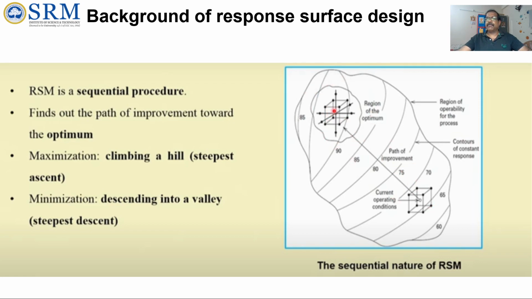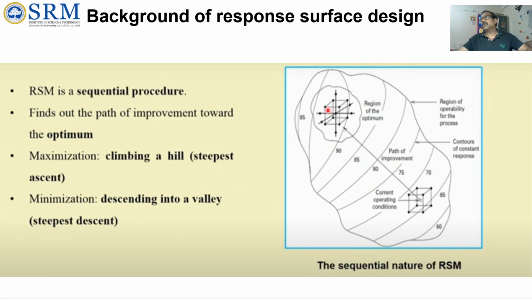Once we reach a place beyond which we can't move, or the response is not increasing, or it starts reducing, we have to stop. That is the optimal region. In that region, the operating levels of factors 1 and 2 can be considered the optimal parameters, which provide the optimum response.